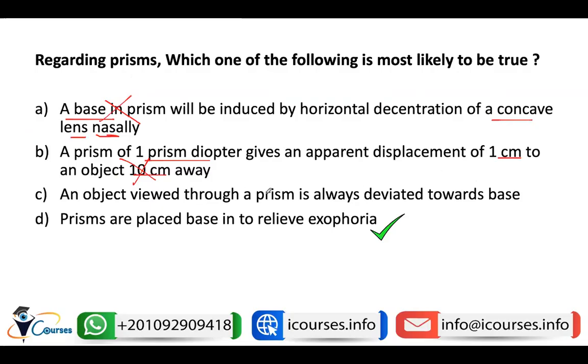An object viewed through the prism is always deviated toward the base. We mentioned before that the light rays are deviated toward the base, but the image and the eye are deviated toward the apex. So when you are seeing an object through the prism, you will see the image deviated toward the apex.